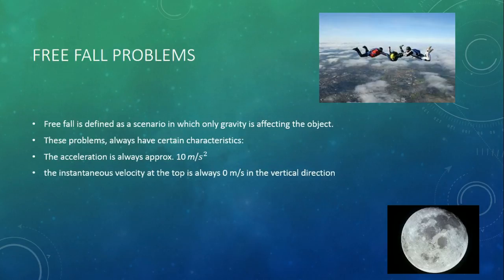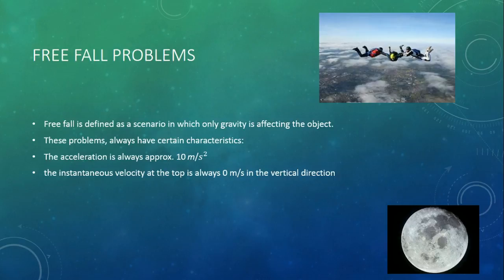The instantaneous velocity at the top is always 0 meters per second in the vertical direction. So basically it's saying the velocity at the very top of the trajectory when you're throwing it straight up is always 0. Like if you throw up a ball, it's moving up, it stops at the top and moves down.